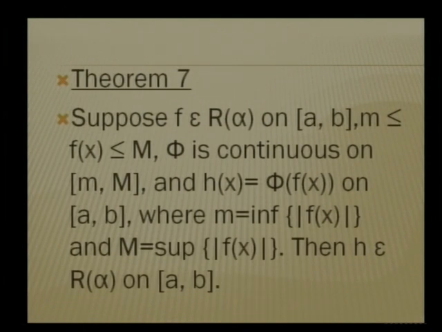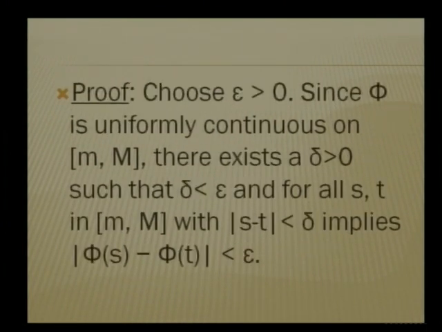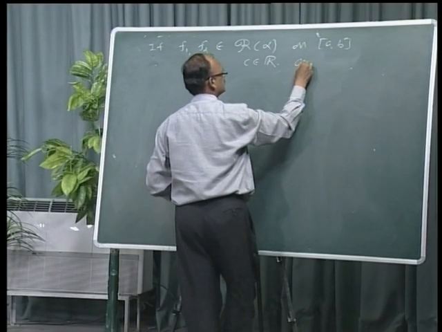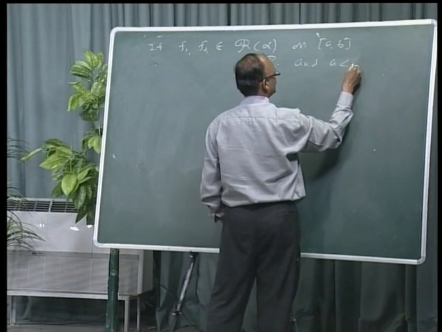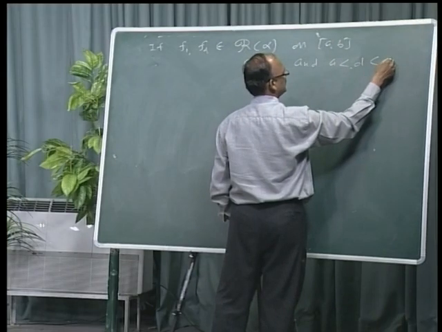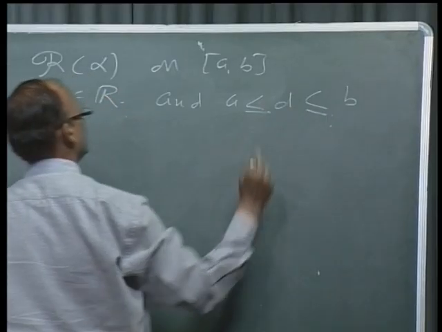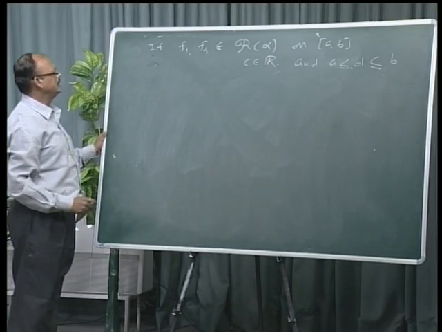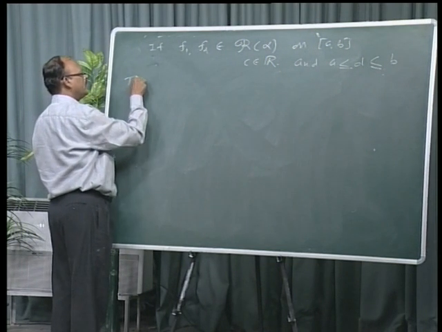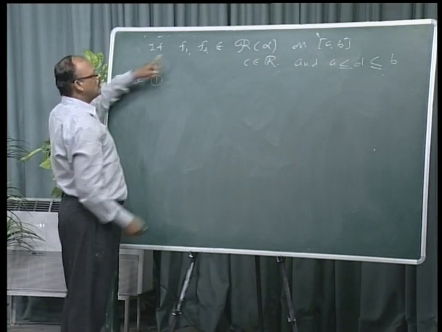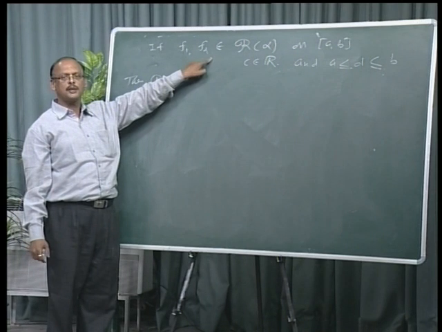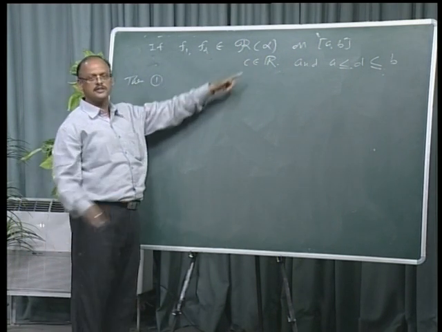So if f1, f2 are two Riemann-Stieltjes integrable functions on [a, b], and c is a real number, and a less than d less than or equal to b, then the sum of two Riemann-Stieltjes integrable functions is again Riemann-Stieltjes integrable.